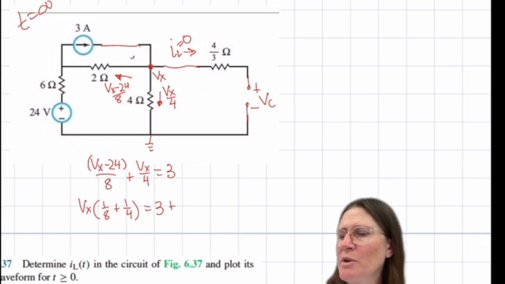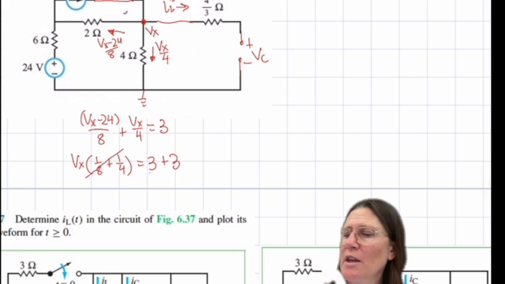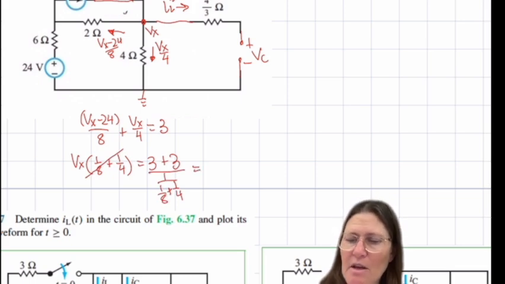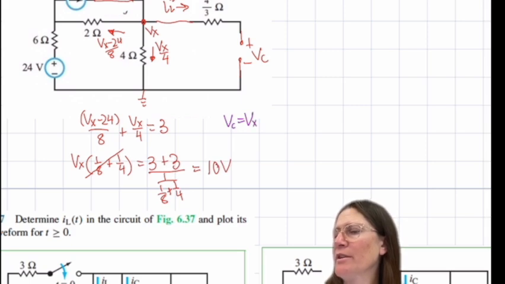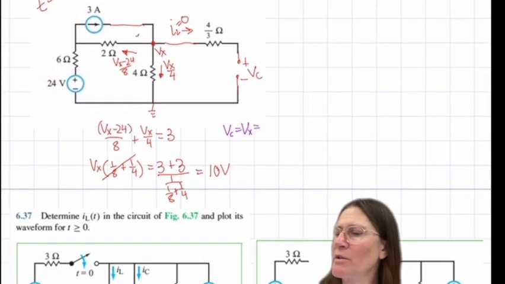So I bring the 24 over 8, which is also 3, and then I can divide by 1 over 8 plus 1 over 4. And that gives me 10 volts. So note that Vx and VC are the same because the current is 0 in that. So these are 10 volts.